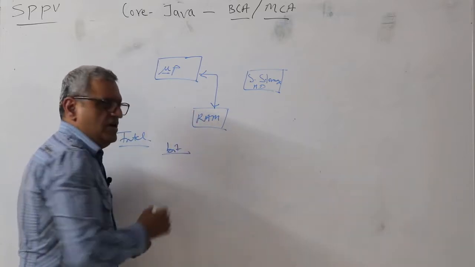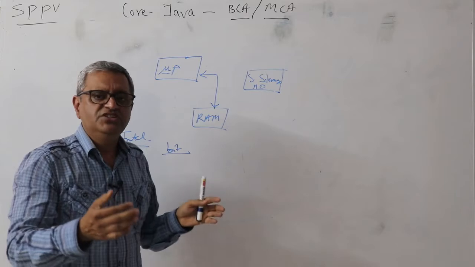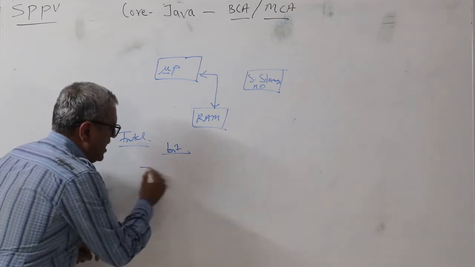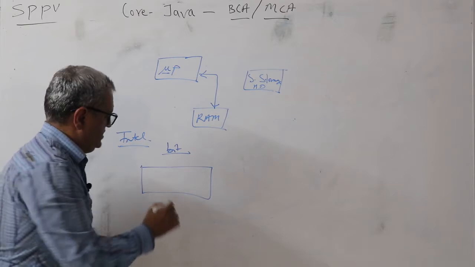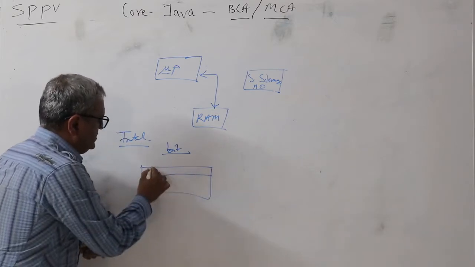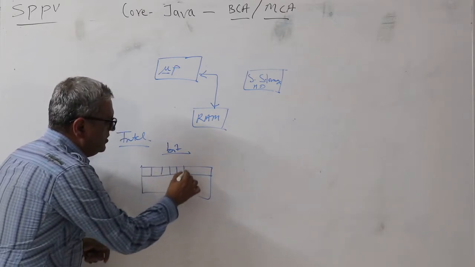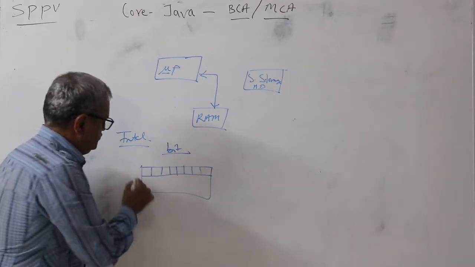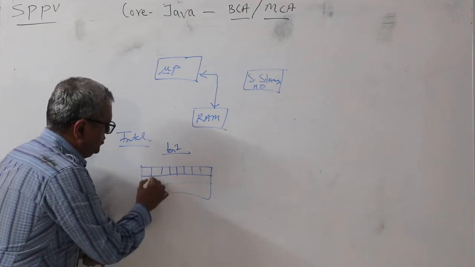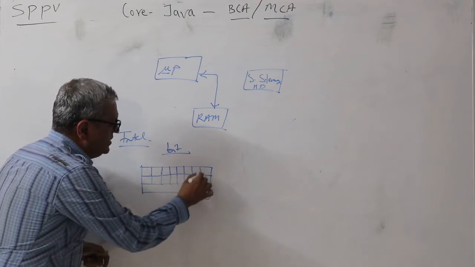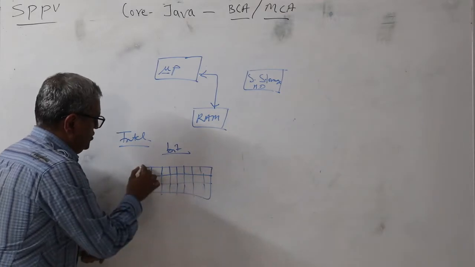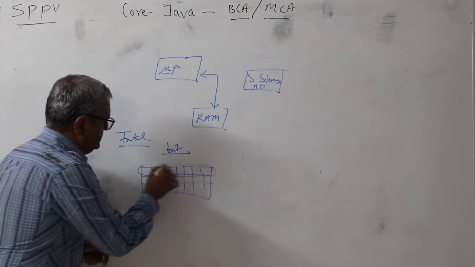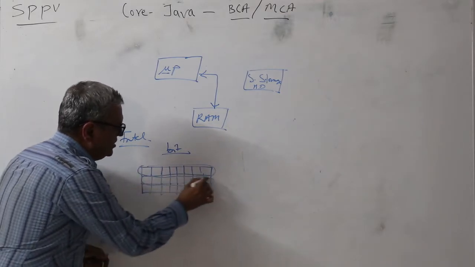So what does RAM have? Imagine RAM as an array of 8-bit bytes. A collection of 8 bits makes 1 byte, and RAM would be nothing but a collection of these. So this is 1 byte, this is another byte.